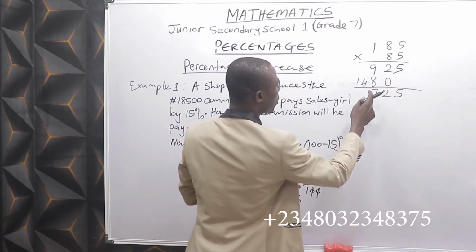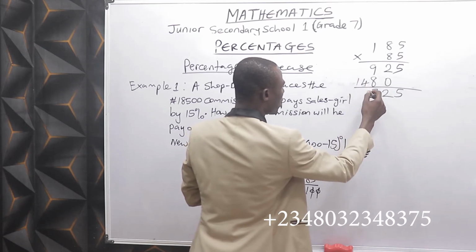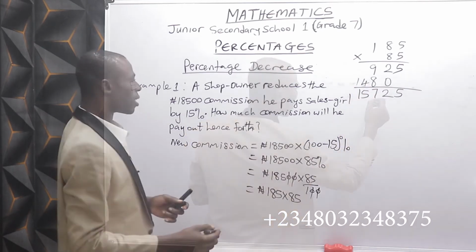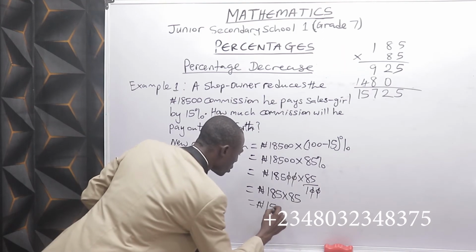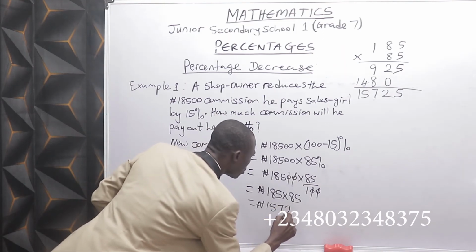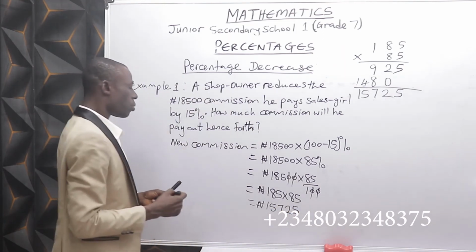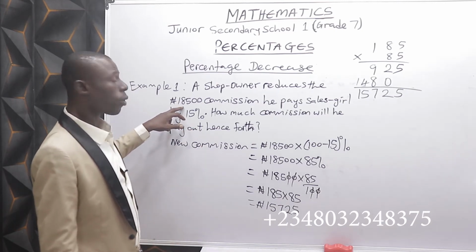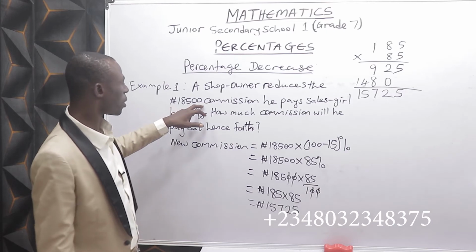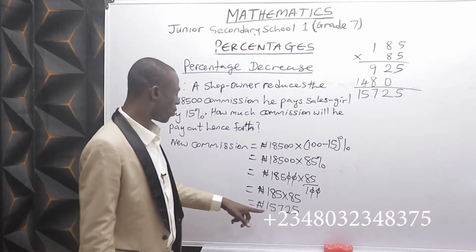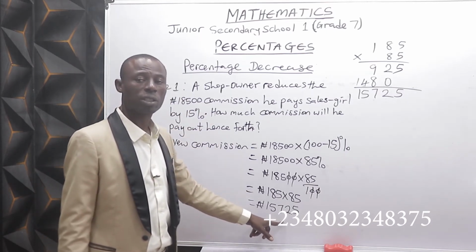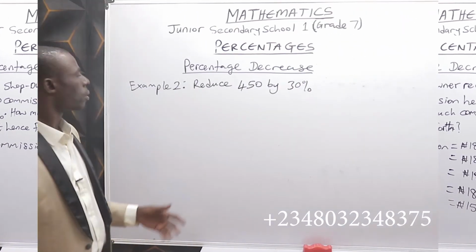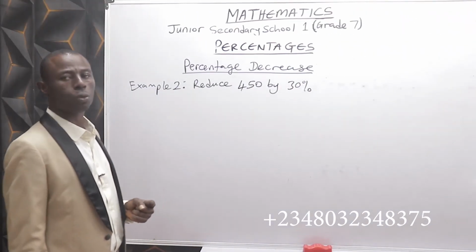We keep 1. That 1 plus 4, that is 5, then 1. Answer is 15,725. You can see that it has actually reduced from the former 18,500 naira. It is now 15,725.